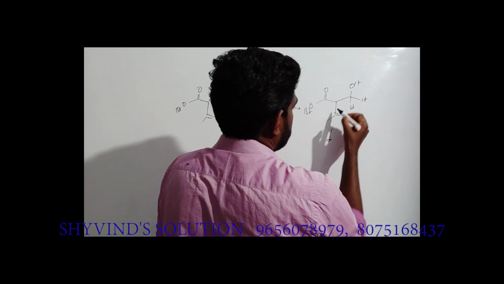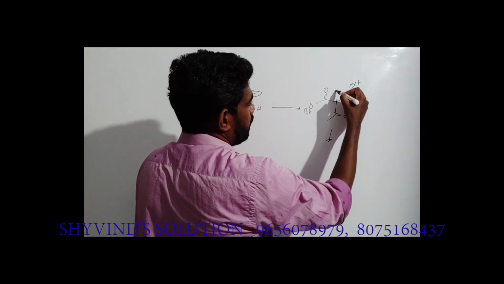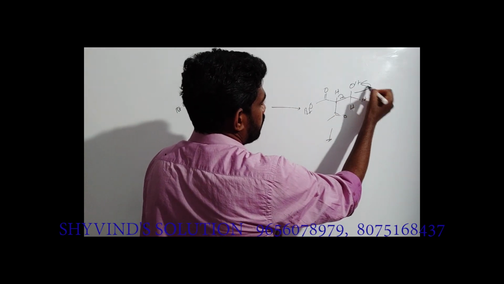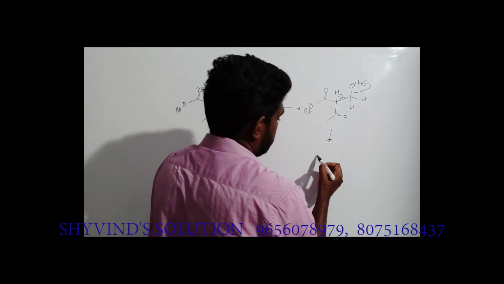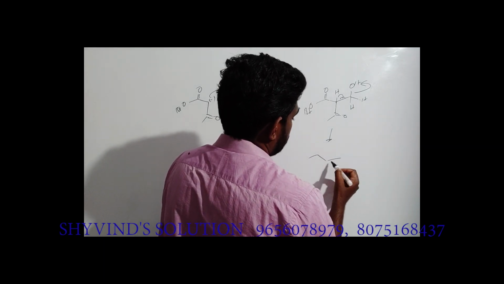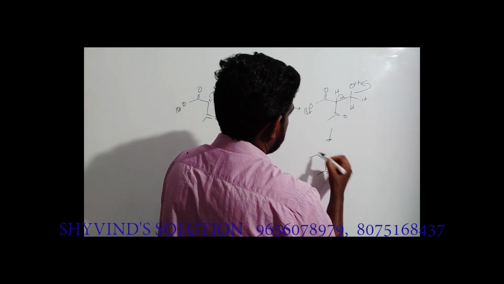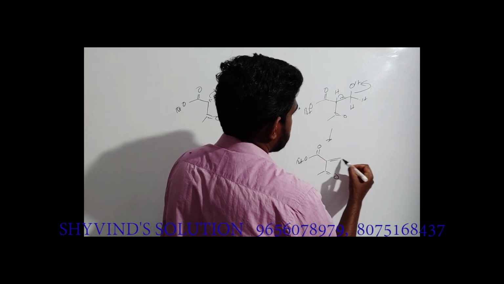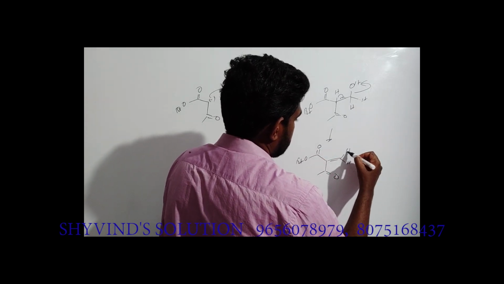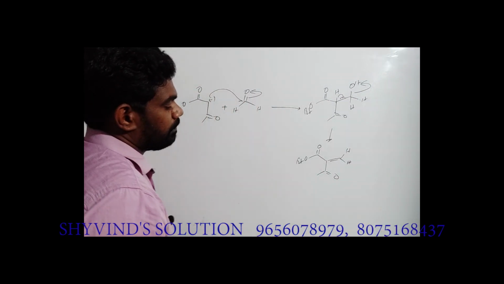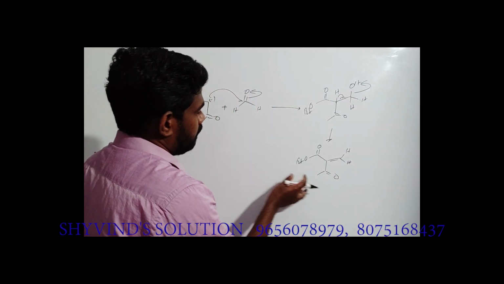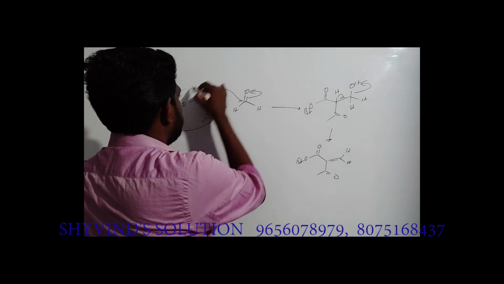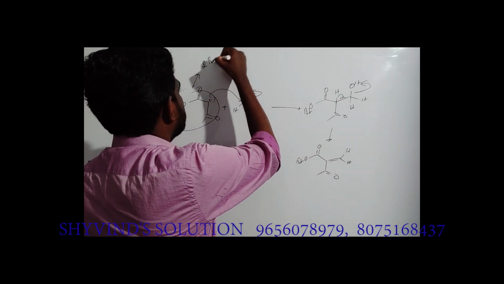The next step is the elimination of hydrogen. Again the base will eliminate this hydrogen to give you this one. Again we are treating this with another molecule, taking two equivalents.